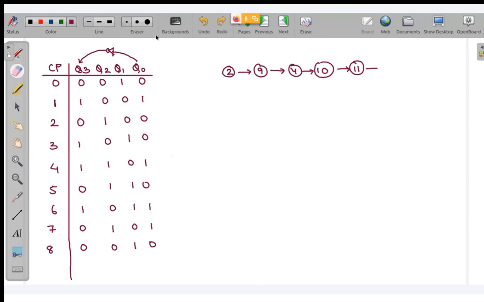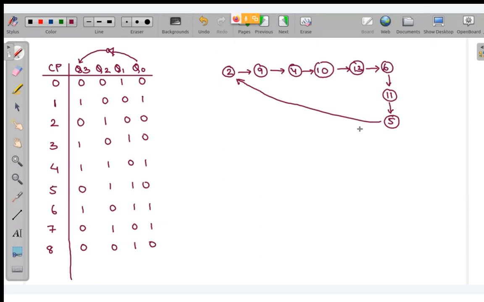So that is what I was thinking, what happened over here. So this is 13, then to 6, then to 11, then to 5, and from 5 again to 2. So 1, 2, 3, 4, 5, 6, 7, 8. You cannot have more than 8 unique states in a 4-bit Johnson counter.